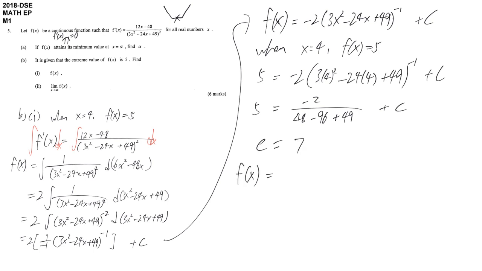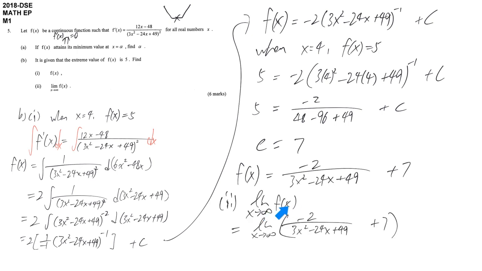So to conclude, f(x) is equal to -2 divided by this, and then plus 7. Limit of f(x), that means this part together with this part. In this fraction, x will become infinitely large, while this one, the numerator, is still constant. So this fraction will finally become 0 when x tends to infinity.